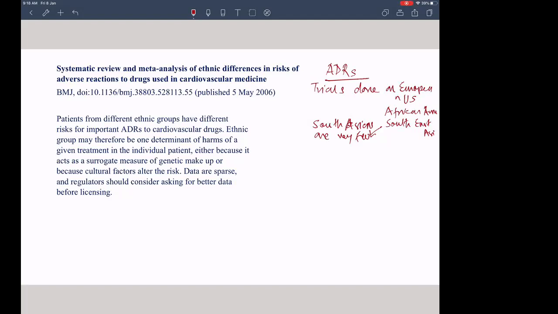The patient number was such that whites were 4,000 and blacks were around 350, and South Asians were around only 150. And then they were claiming that one thing is more common in this, and another is not in this and not this. You cannot compare with such a huge difference.